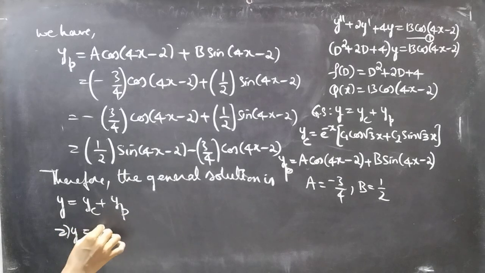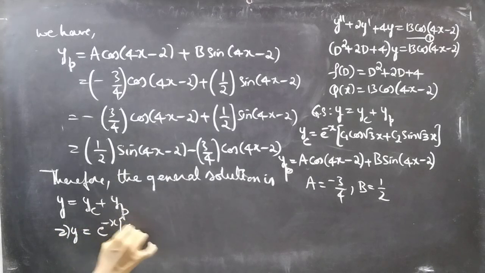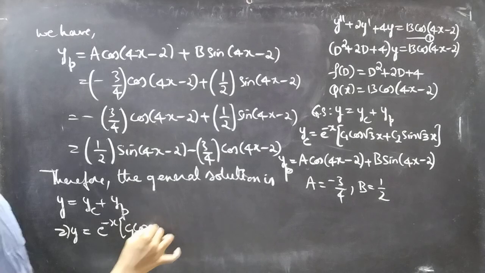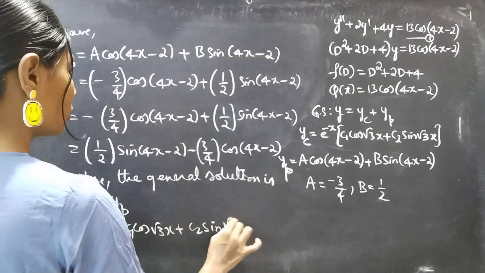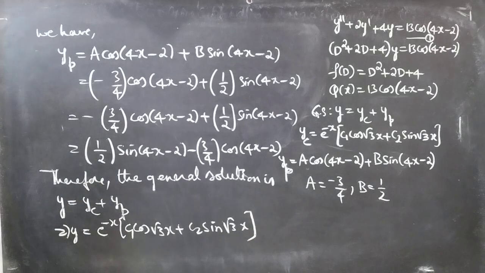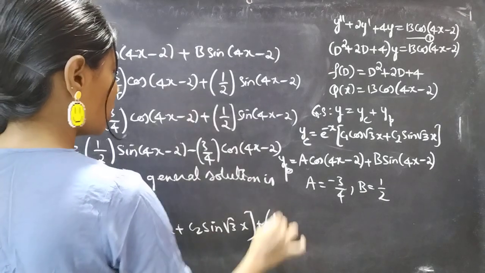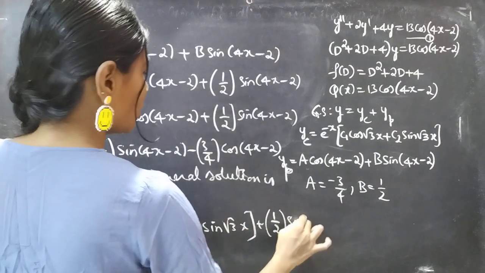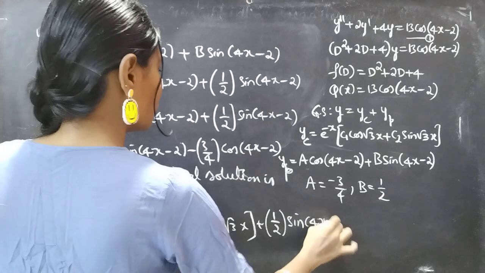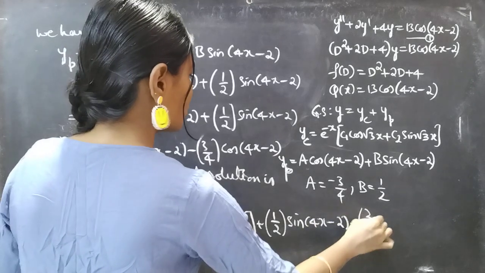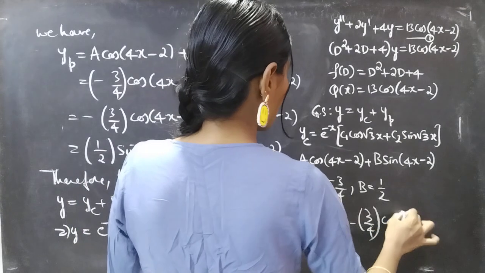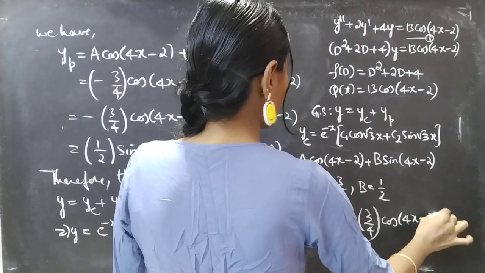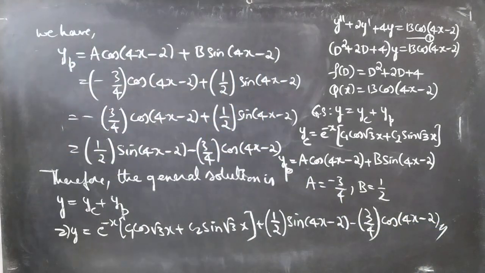Then y equal to e power minus x into c1 cos root 3x plus c2 sine root 3x, plus yp, 1 by 2 sine of 4x minus 2 minus 3 by 4 cos of 4x minus 2. This completes the problem.